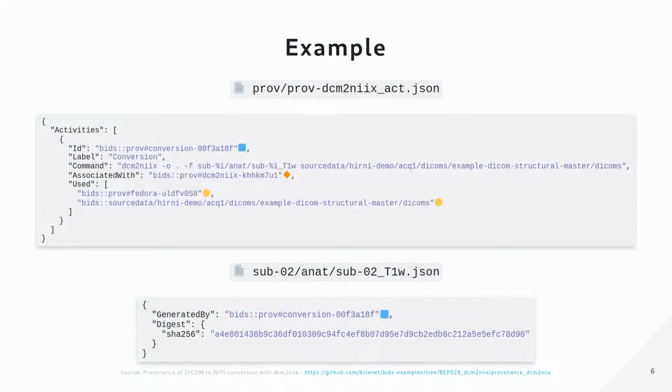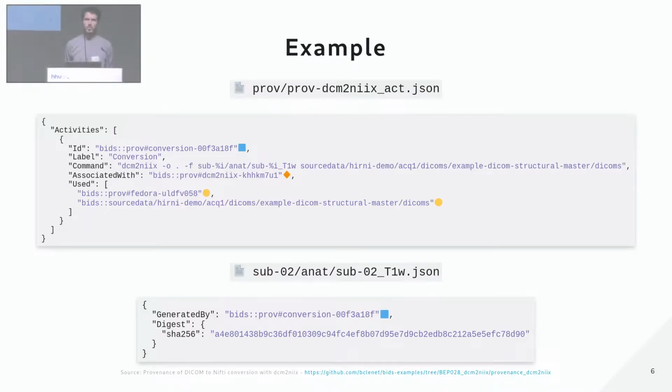This is very interesting. If you go back one slide, in the reference to DICOM2NIX associated with, yeah, this looks like a random identifier. So if you run that provenance graph generation again, does it come out the same or different? Actually, we are working on that because we want the identifiers to be unique.